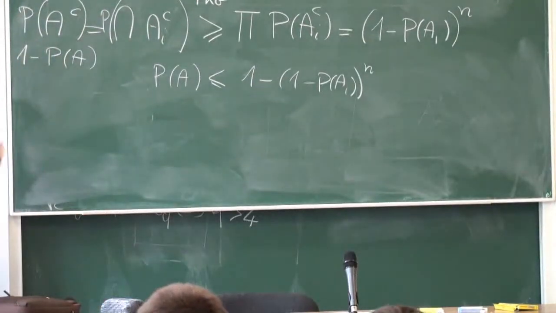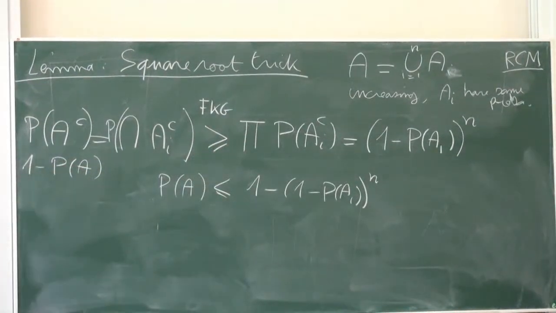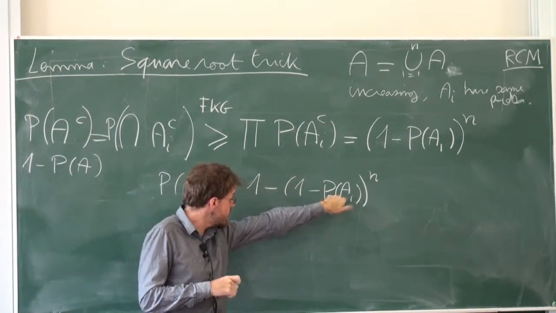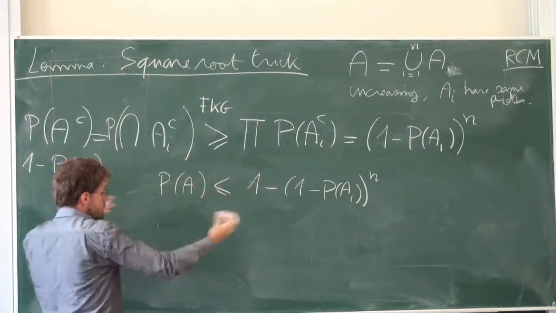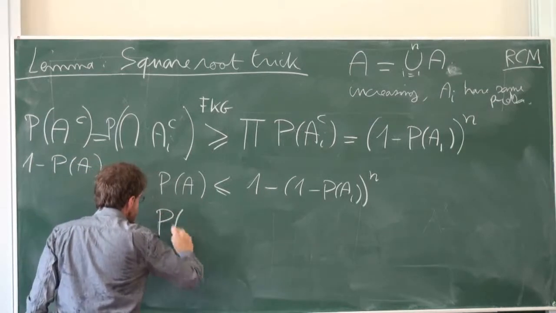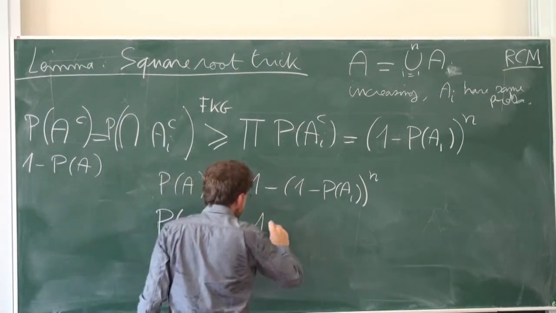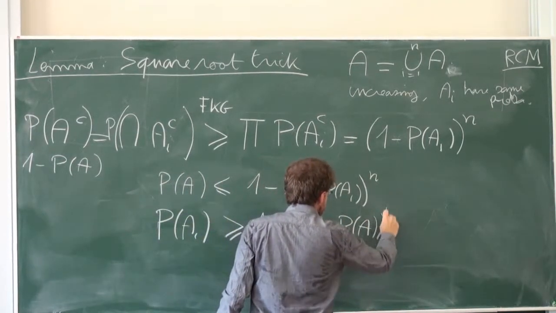And now remember, the statement was if A has large probability, then the A_i have large probability. So you want to turn this into a lower bound on P of A_i. It's obvious what to do: you shift things around and write the formula backwards. What you get is that P of A_i is at least 1 minus (1 minus P of A) to the power 1 over n.